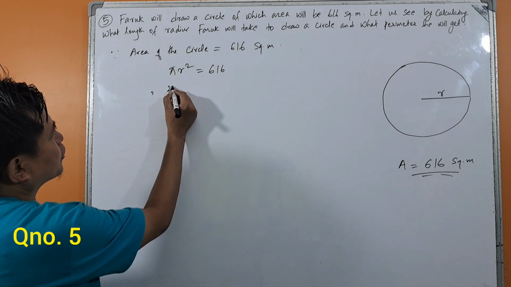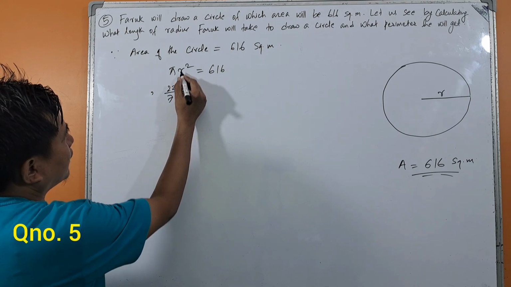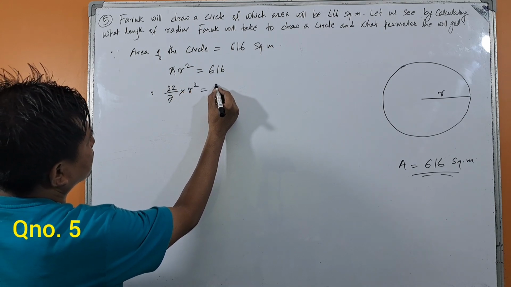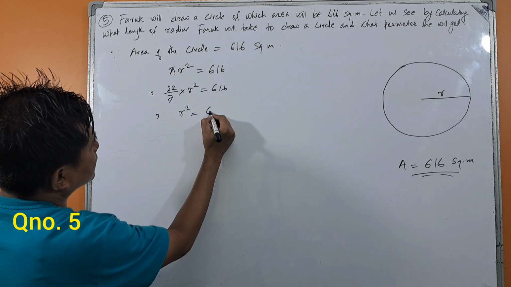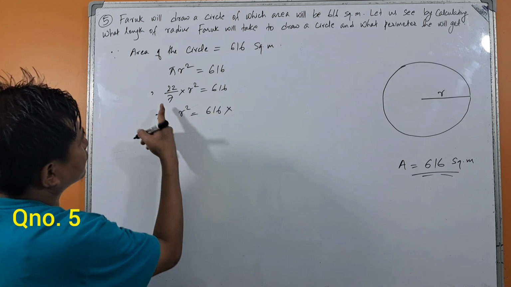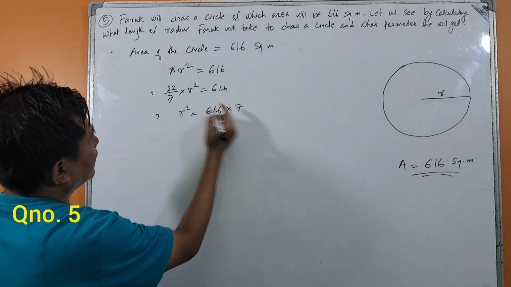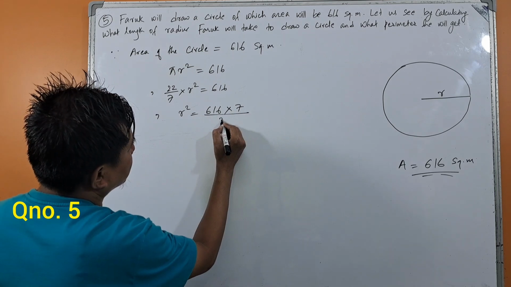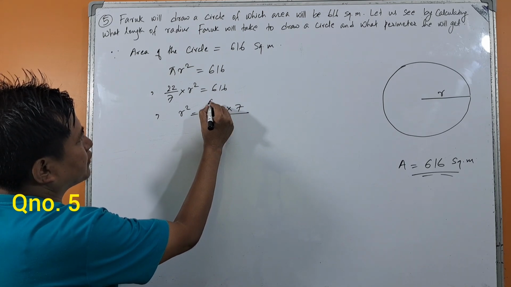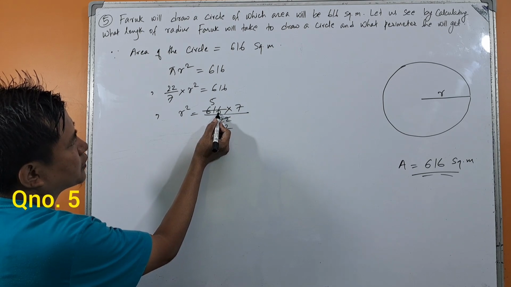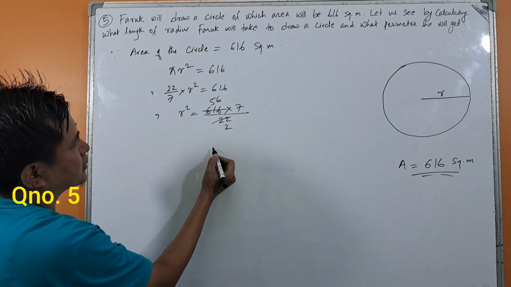So pi means 22 by 7, into r square equal to 616, or r square equal to 616 into 7 by 22. 11 2s are 22, 11 5s are 55, 6 in hand, this becomes 66, 11 6s are 66.